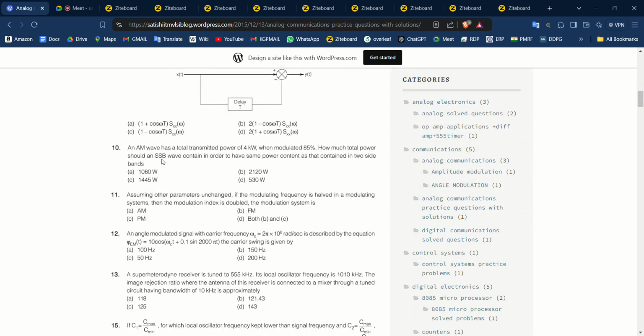An AM wave has a total transmitted power of 4 kilowatt when modulated 85%.